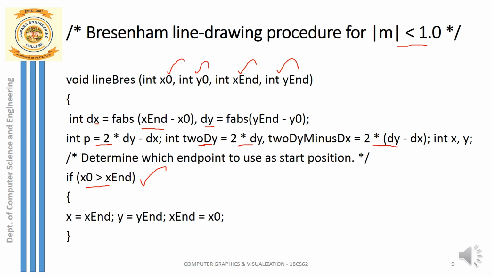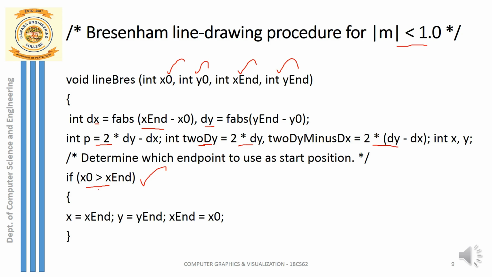If x0 is greater than x end, in that case, we always make a practice to plot from the left. We will always start plotting from the left side, that is from left to right. Suppose you find x0 is greater than x end, what is the meaning of that? x0 goes to the right, x end comes to the left.